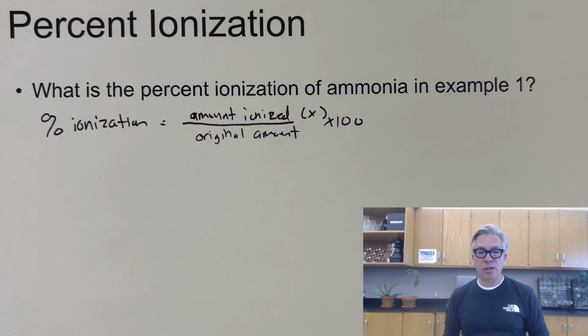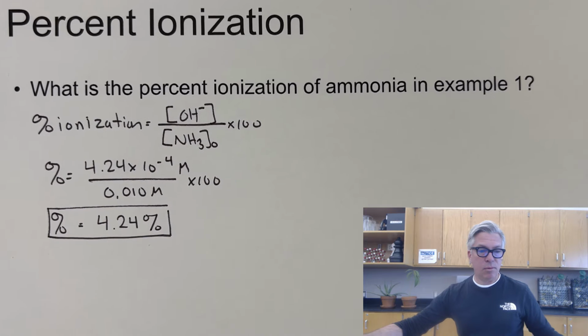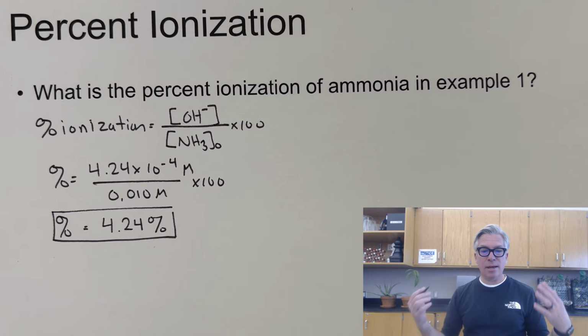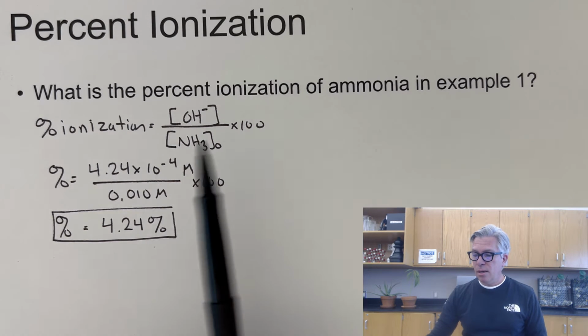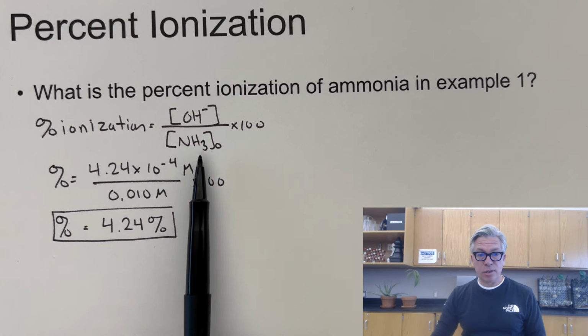So we're going to actually use the problems we just did, just so we don't have to repeat everything. And so if you need to go back to see that other video, go ahead and do that. We use the percent ionization for weak acids as well. And so I went ahead, just to save some time, and found the percent ionization of the ammonia in example 1. I needed the concentration of the OH, which is our x value, over the NH3 original.